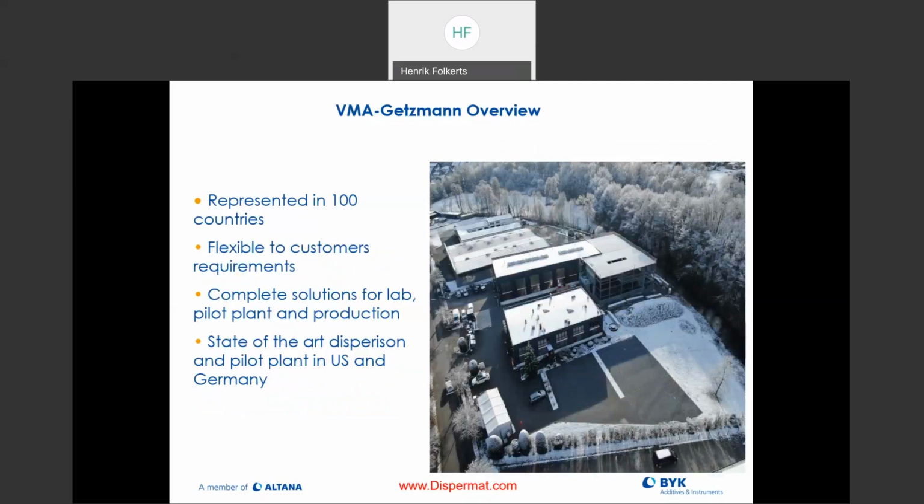You can see the old building is in front, and the new building that was added on, with the capability of new production, and there's a new area as well as a new design center, and they have people now designing new equipment.